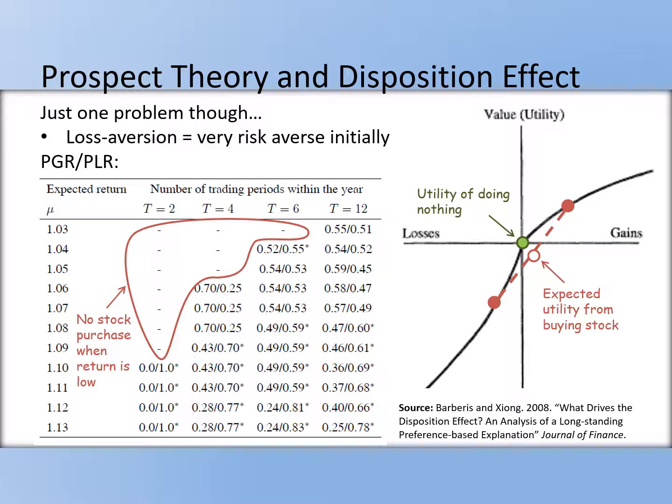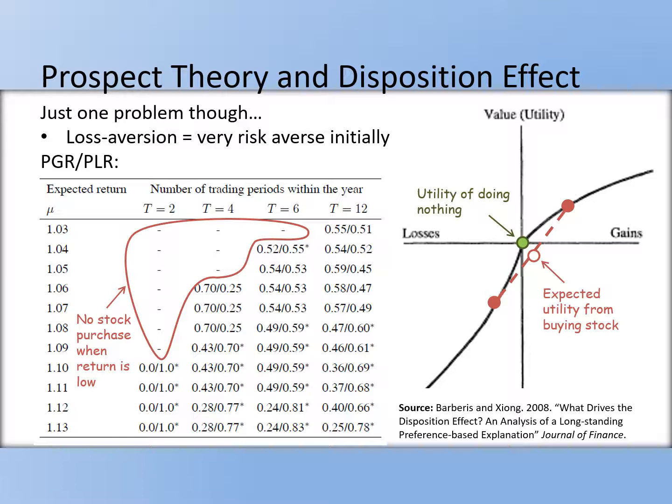If the annual stock return is something like less than 10%, and the number of trading periods within a year is not too high, then they actually don't want to buy. Which, once again, is just the equity premium puzzle, right? We know the average stock return in the stock market is quite high, yet a lot of people simply do not invest in the stock market.